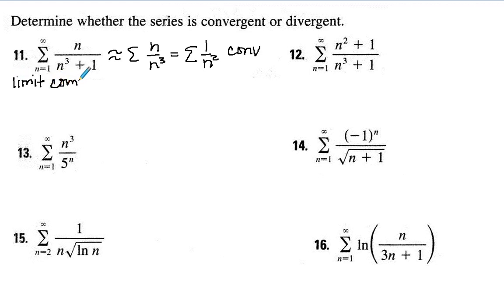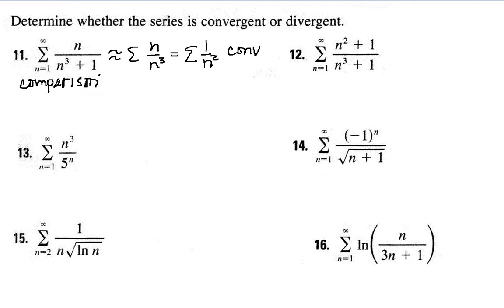We could do a direct comparison too. Because in a direct comparison, we want to make it smaller than a series that converges, because we think it converges. So we could just take that 1 away in the denominator. So actually here, we could do a limit comparison, certainly.